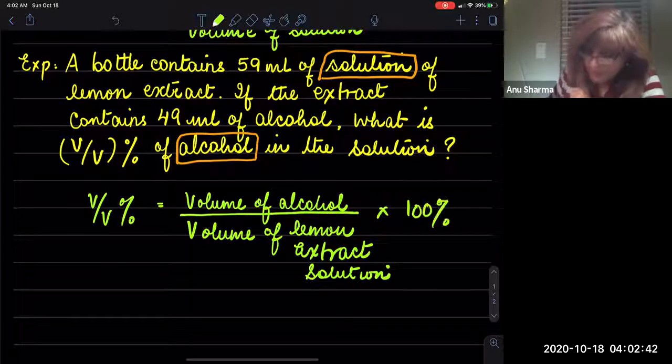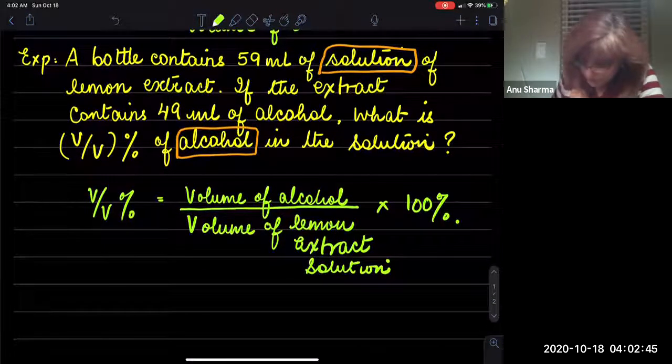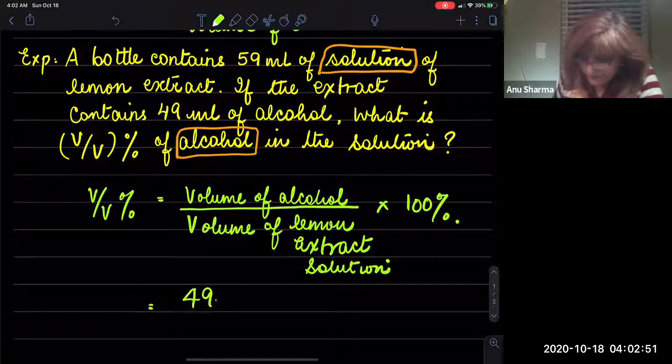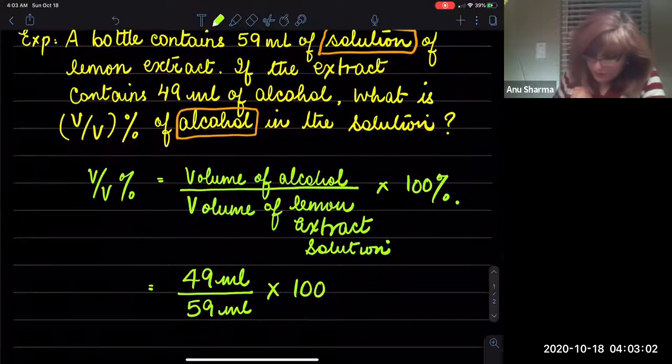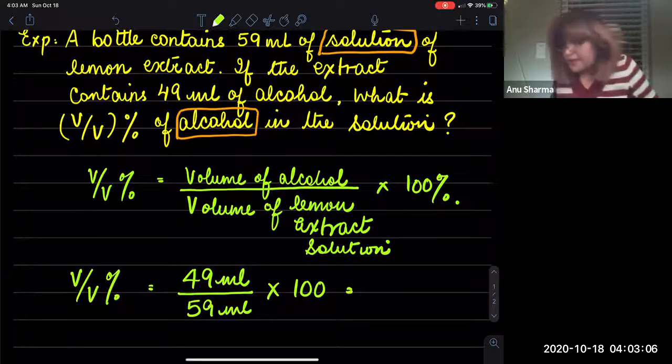So now we are going to write the volume of the solution, volume of alcohol. Volume of alcohol is 49 milliliters, and the volume of the extract solution is 59 milliliters, and this is times 100. So this gives you the volume by volume percent is equal to 83%.